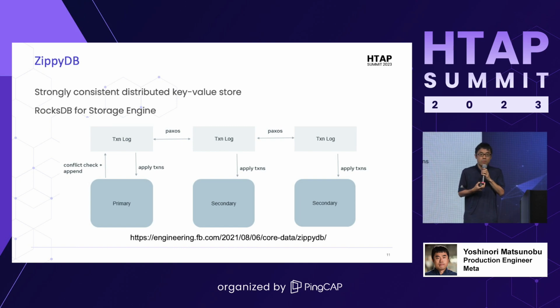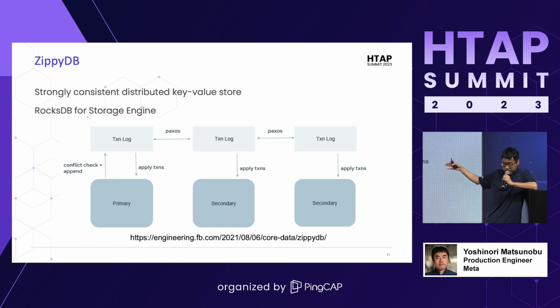Next, I'm going to talk about distributed key-value stores, which is another major use case, called ZippyDB. Unfortunately, ZippyDB is not open source, but there is a detailed blog post about it where you can learn the details.